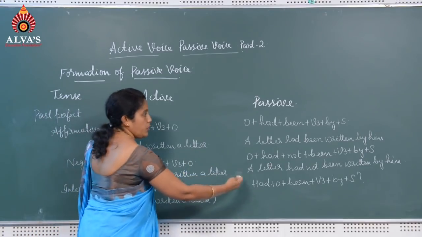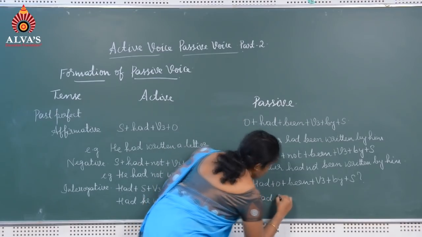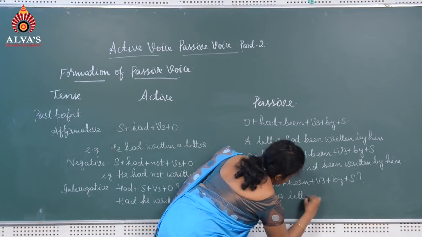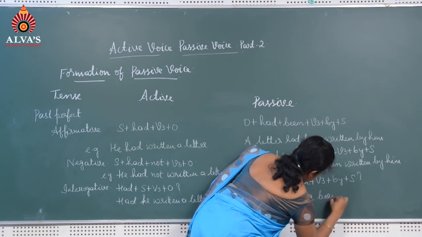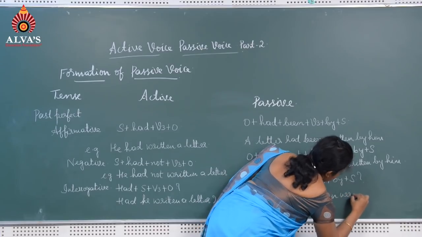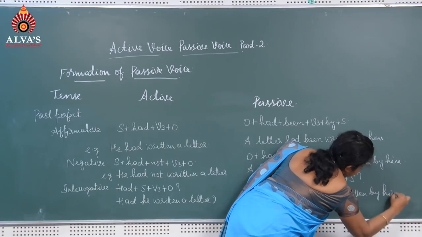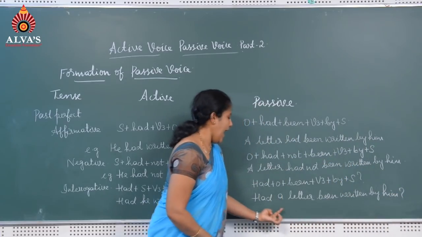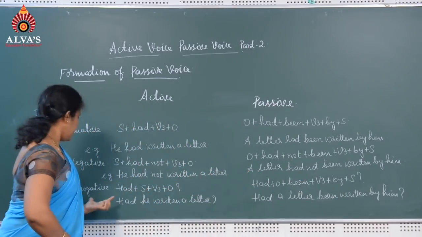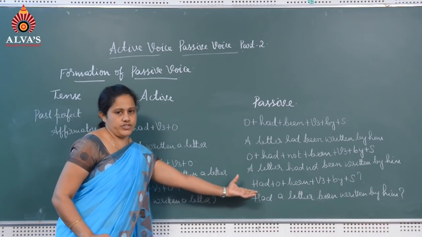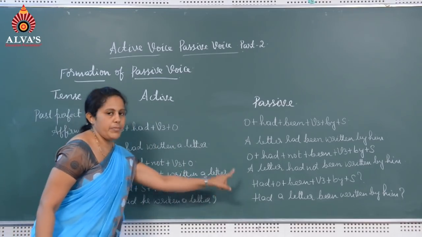So, when it comes to passive voice, it becomes had a letter been written by him. Okay. Had a letter been written by him. So, this is interrogative passive voice, past perfect interrogative sentence, that is in the passive voice.